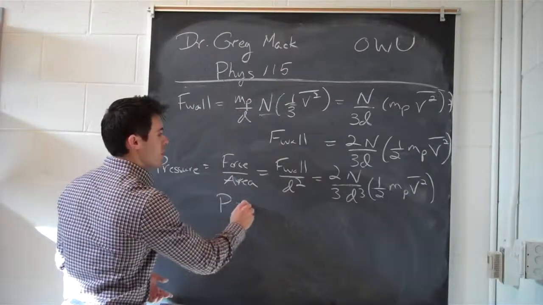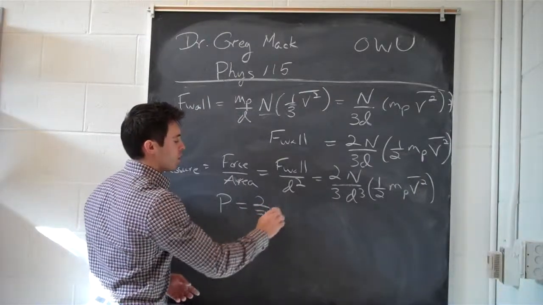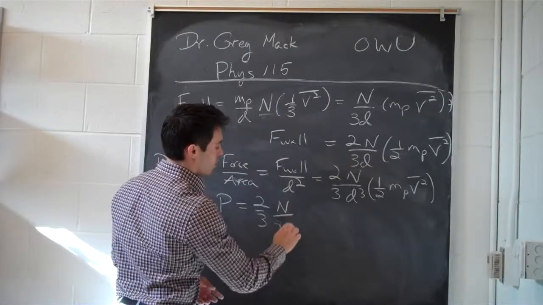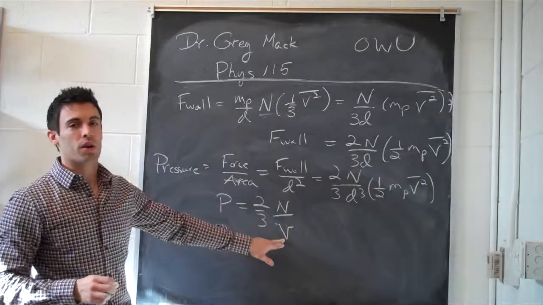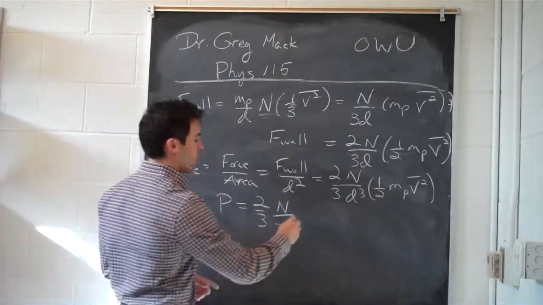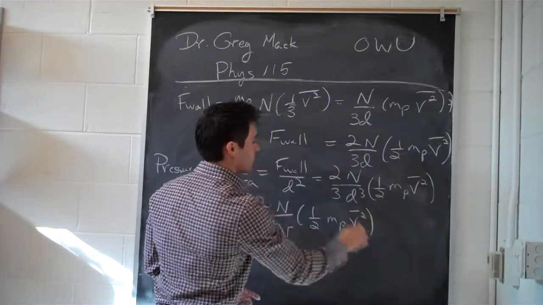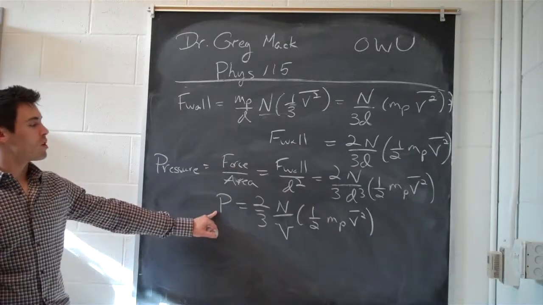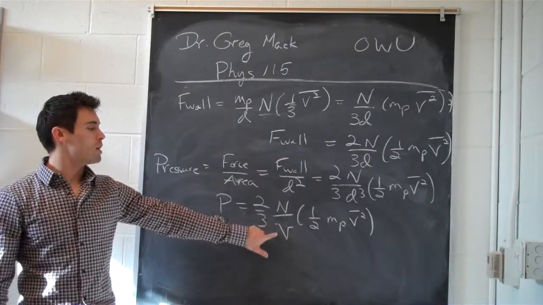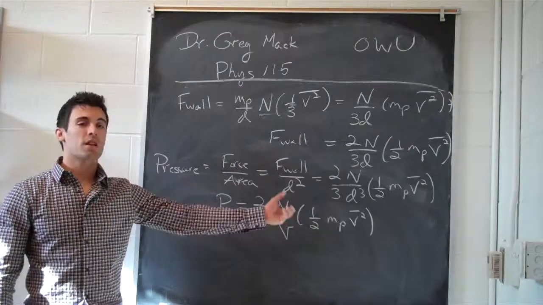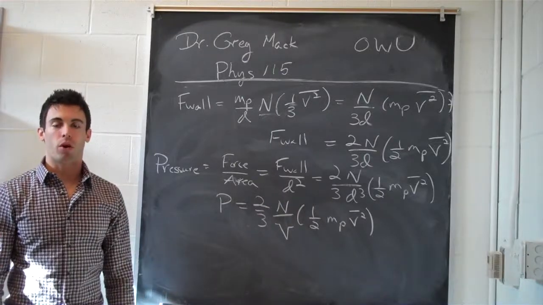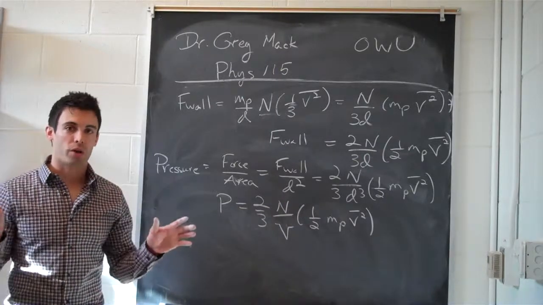So P is equal to 2/3 N over V, put a little serif on it to distinguish it from the v there, from the velocity. It says that the pressure is equal to 2/3 N over V, the volume, times the average kinetic energy of your particle, of whatever particle is in your box.